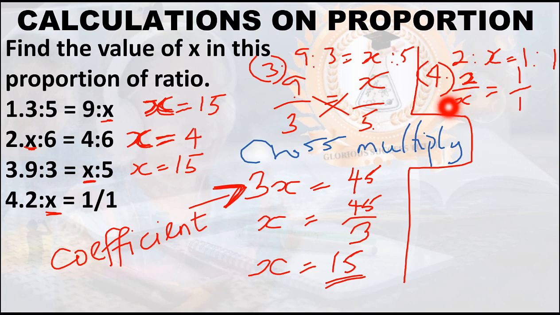But if they are different, like 9 over 3, that one is different, so this one is also different from 5. Assuming this place now is 3, you don't need to do all this solving. You just come out, okay, if the denominators are the same, then the numerators also must be the same. That's what we call proportion in ratio. So if the numerator of this side is 1 ratio 1, then this is 2. Definitely x also should be 2 because it repeats itself here. 1 over 1, 2 over 2. Then we have a balanced proportion.